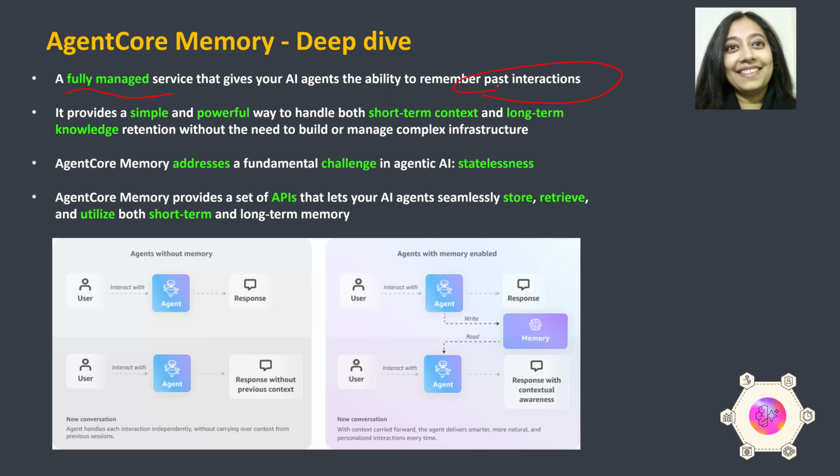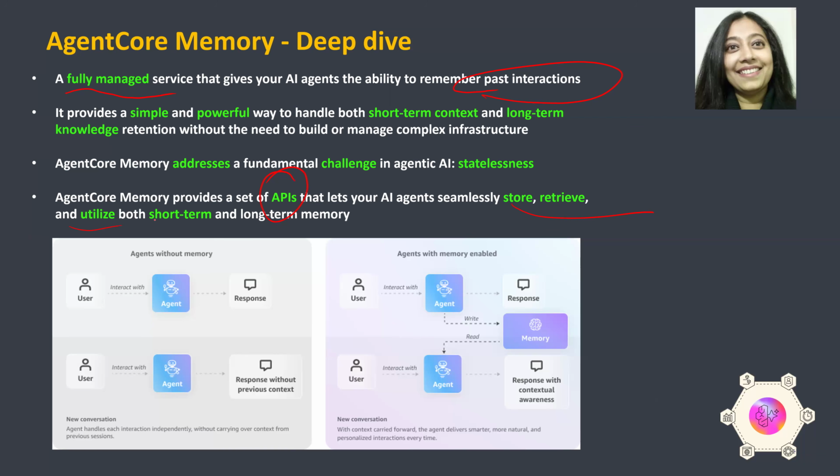Our agents can interact with AgentCore memory using APIs, and these APIs allow them to seamlessly store, retrieve, and utilize both short-term and long-term memory.